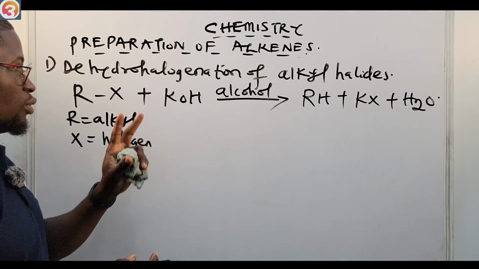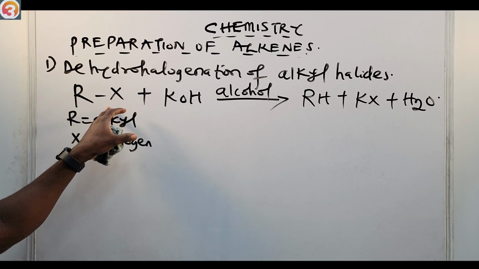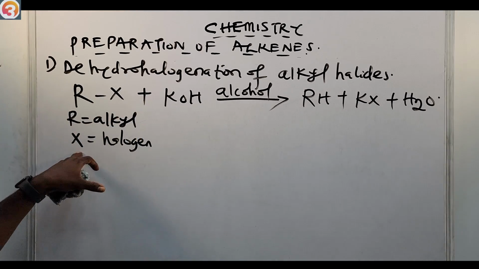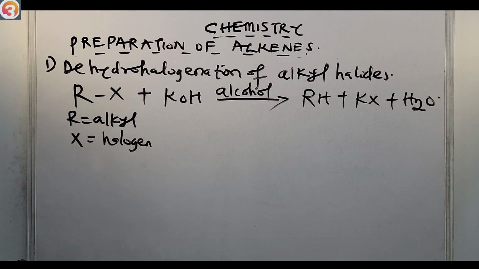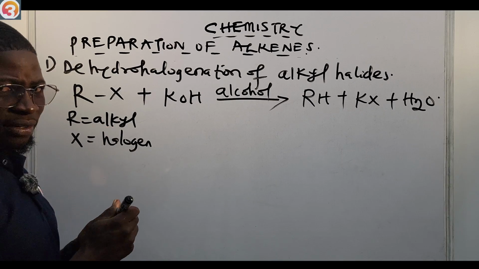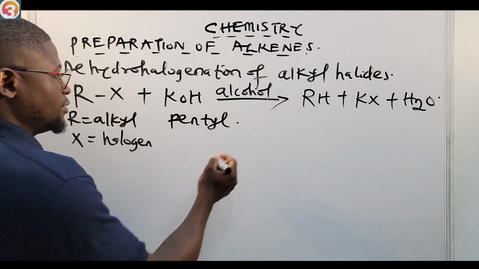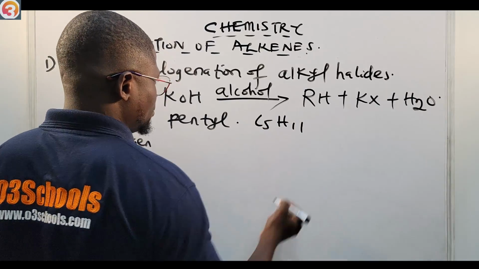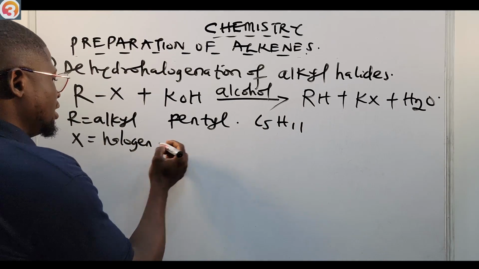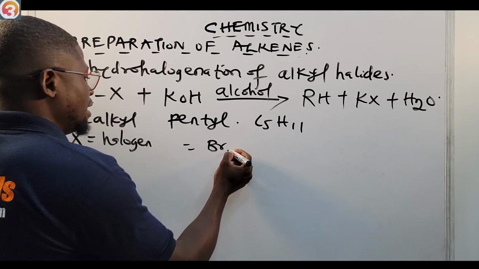So R here is an alkyl, and X here is a halogen. For example, let us say this R is pentyl, that's C5H11, and let us say this halogen X is Br, bromine.